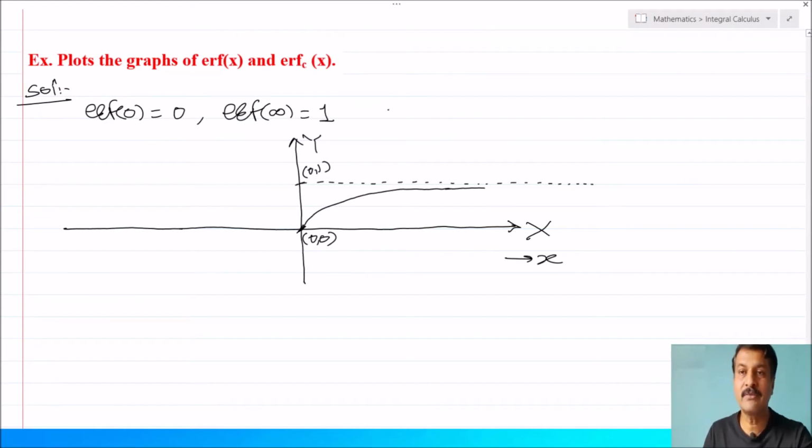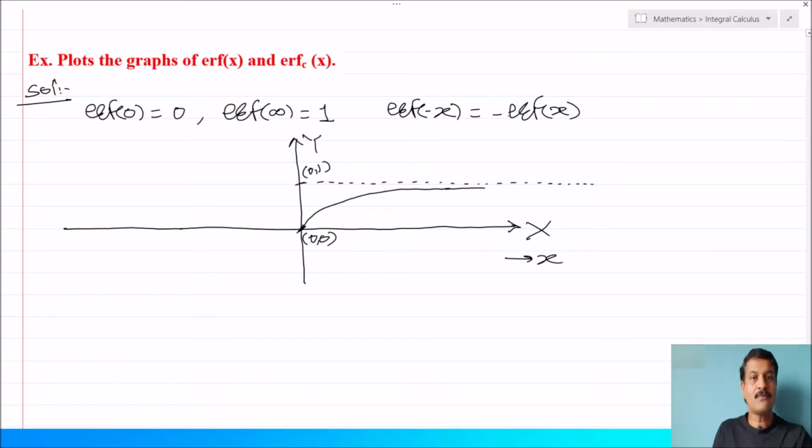One more thing we know, that is the error function of minus x equal to minus error function of x. It means that error function is an odd function, and we know for an odd function the graph is symmetric in the opposite quadrant. Means in the first quadrant I am getting this one, the same thing I will get by symmetry in the third quadrant. So how?